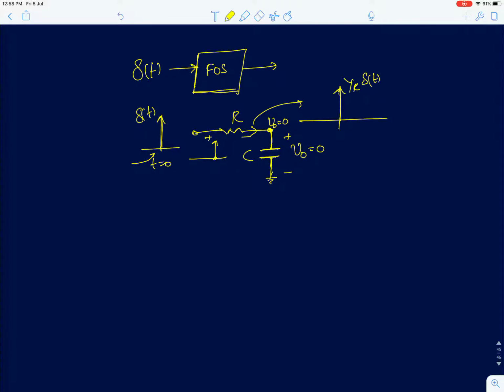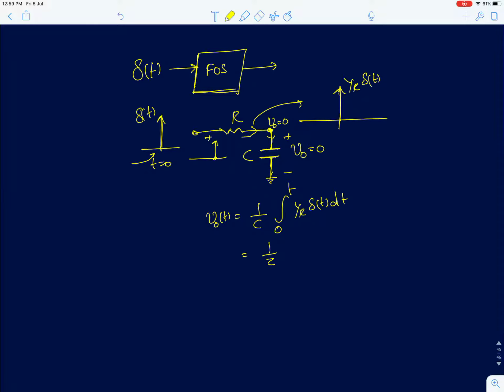Now that current flows into the capacitor, and the capacitor voltage v naught of t is the integral of the capacitor current, so it will be the integral of 1 by R delta of t dt. The system is starting at 0, so I'll get 1 by tau, where RC is tau.